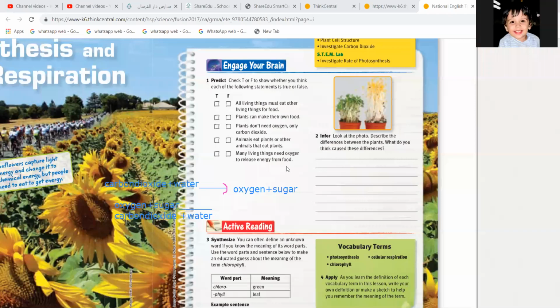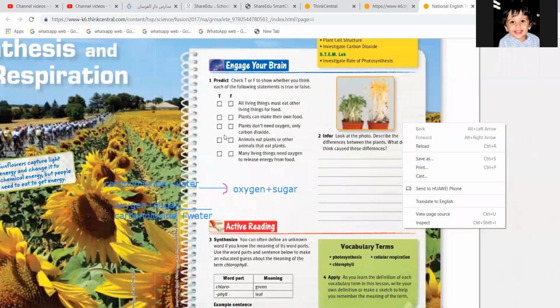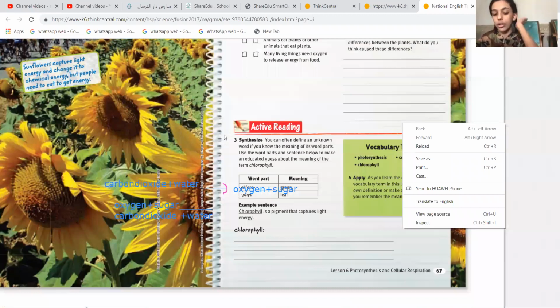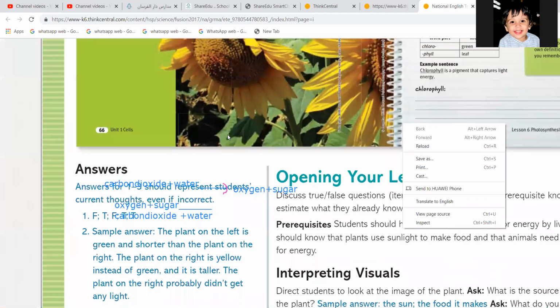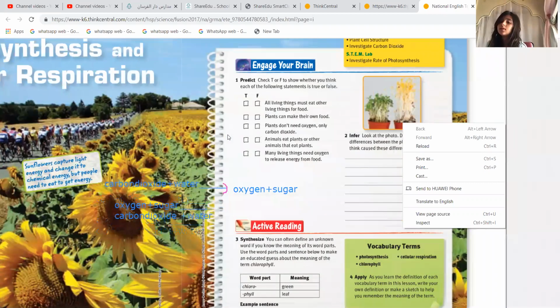Okay. Yes, plants need air. They need carbon dioxide and they also need oxygen. They need air. You understood? They need carbon dioxide and they release oxygen.